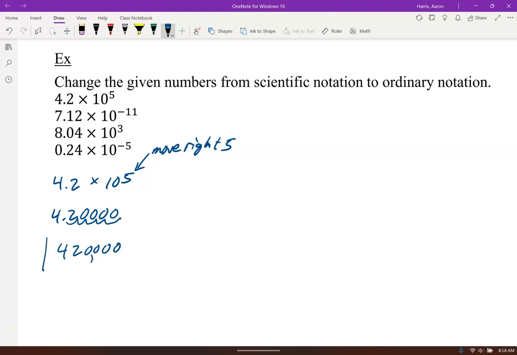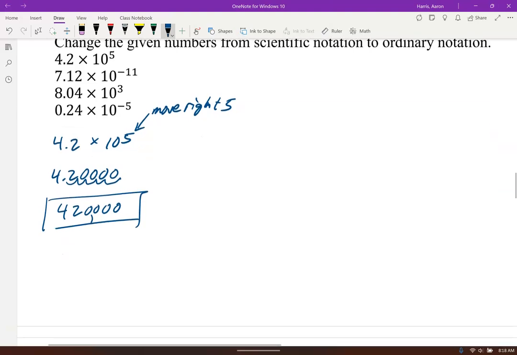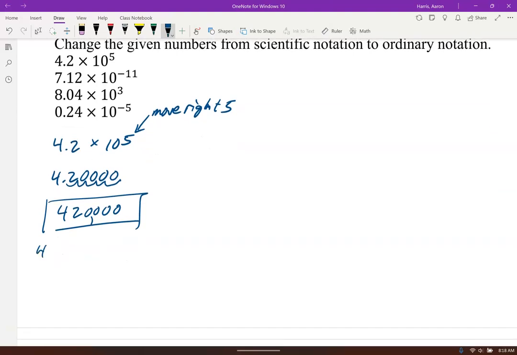So 420,000. 420,000. Because again, what it's doing is it's taking 4.2 times 10 to the 5th, which is 100,000. So 4.2 times 100,000 is 420,000, right? That's what it's doing.